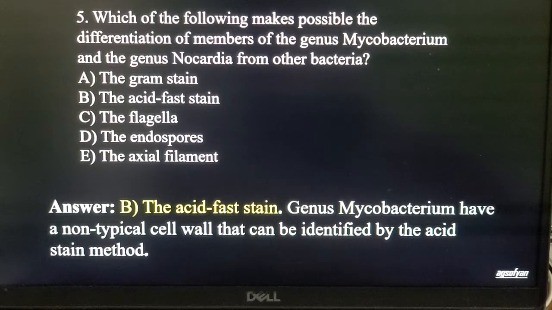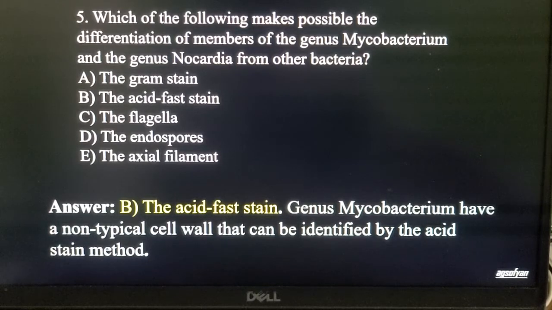And also Mycobacterium, they do not have flagella, endospore, or axial filament. You cannot choose flagella, endospore, and axial filament because Mycobacterium do not have this structure. And Mycobacterium has special cell wall that you cannot perform gram stain. So gram stain will be wrong answer.